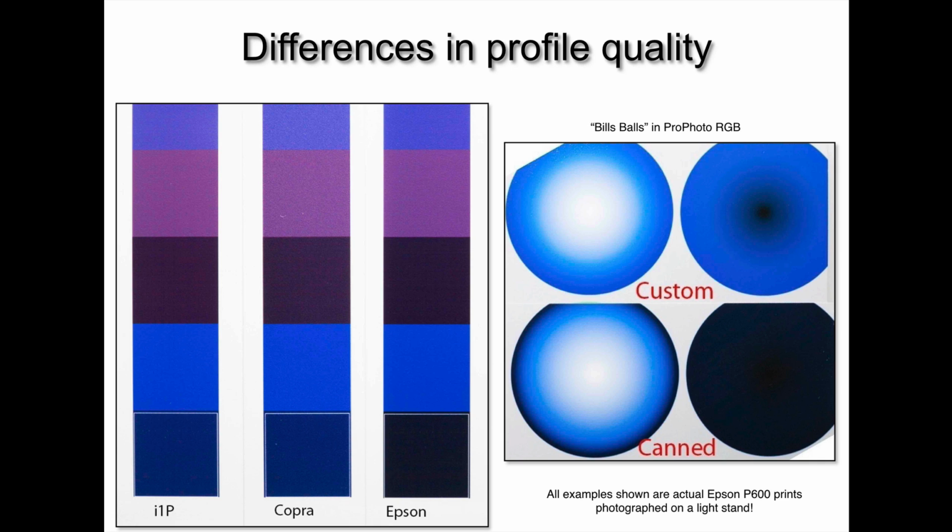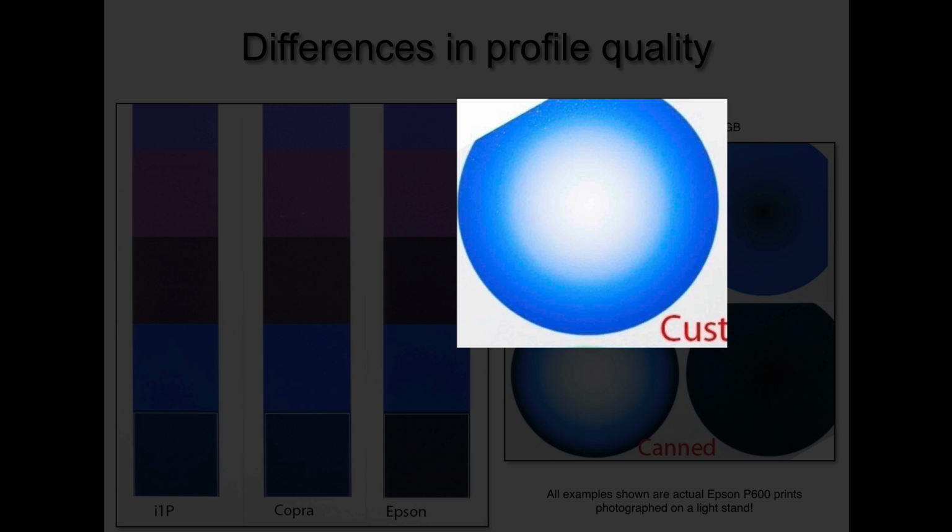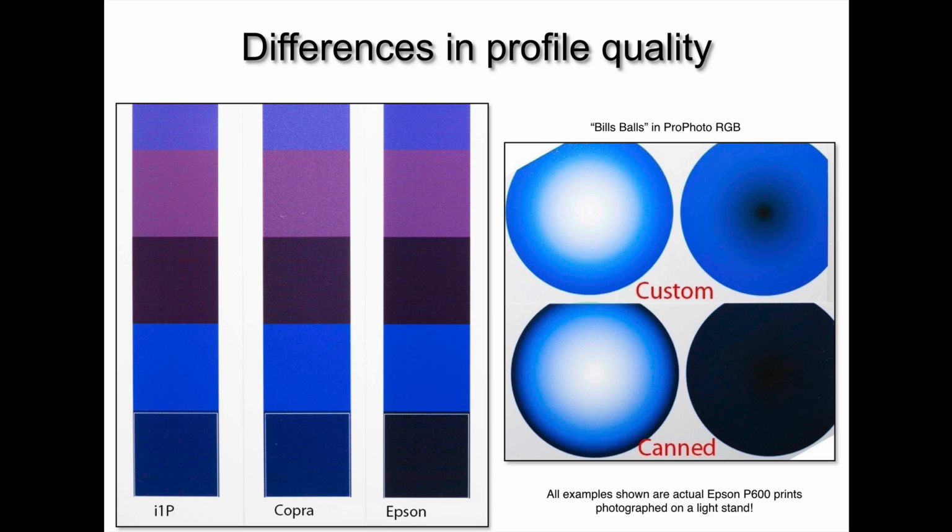So it has to make some sort of decisions as to how it's going to map these particular colors. You see a little bit of banding in the blue ball from the custom profile, but it isn't quite so bad. They're both kind of in the same area, but what you're really seeing is the vast differences between how these two profiles take the same RGB data and map them to the output color space for a printer and the result of that print.